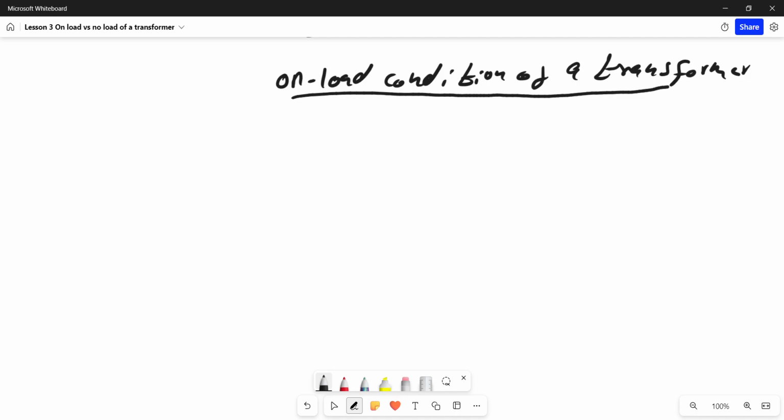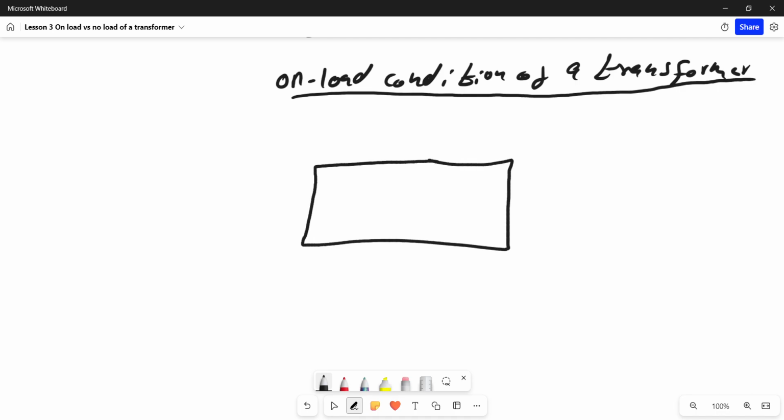We're gonna look at how a transformer behaves when it is on load. Okay, what happens when a transformer has a load connected on its secondary side?